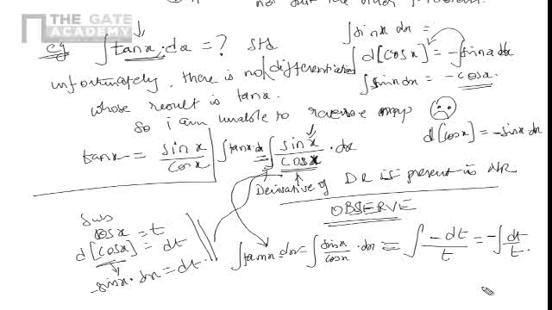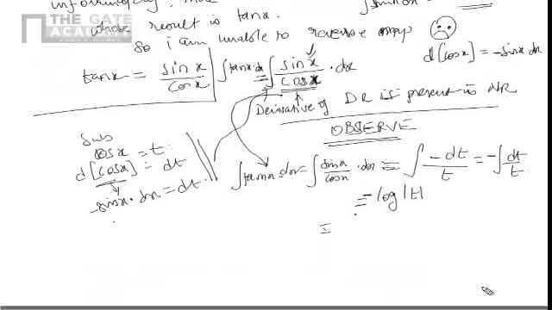And what is integral of dt by t? It is nothing but log of t. There is a minus outside. And log of t will give me what? It is actually log of mod t. Well, let me write it clearly.